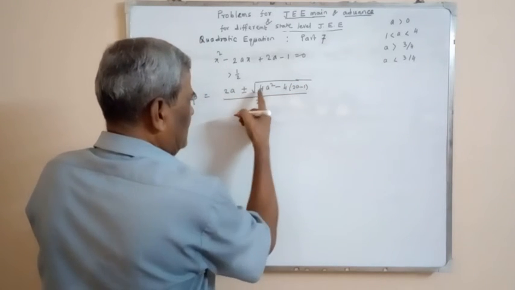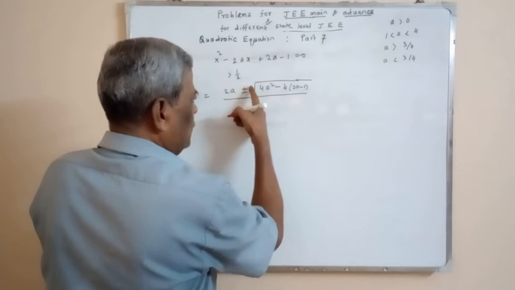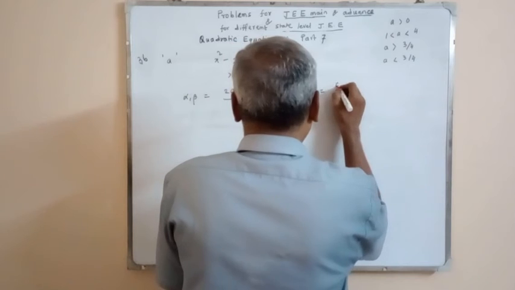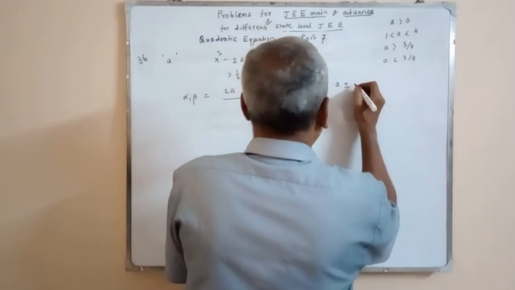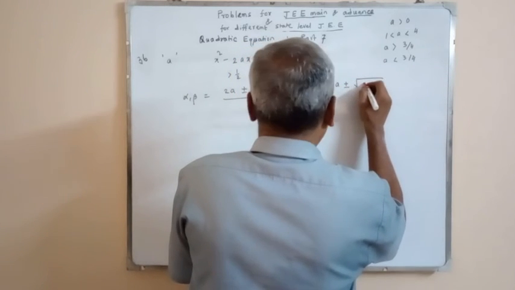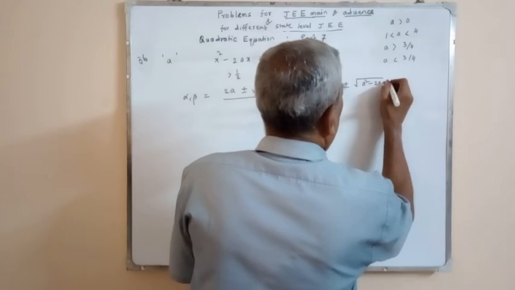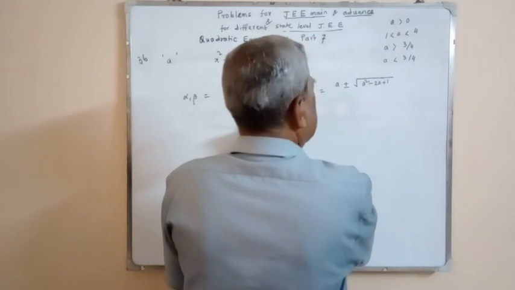So the 2 will be cancelled, and its roots are a plus minus root over a square minus 2a plus 1, and 2 cancelled.